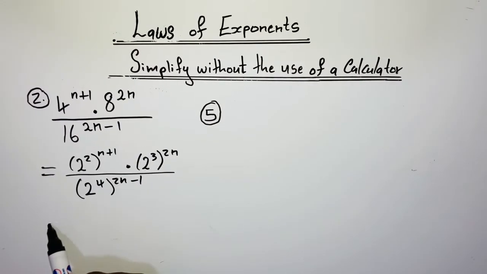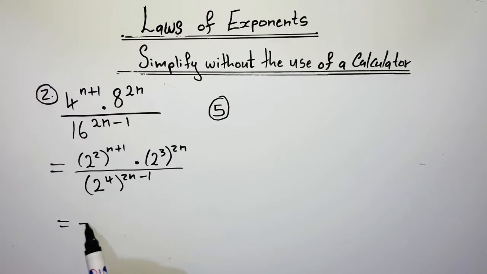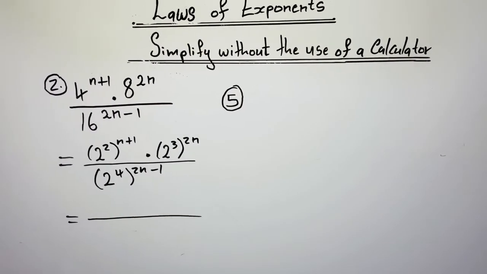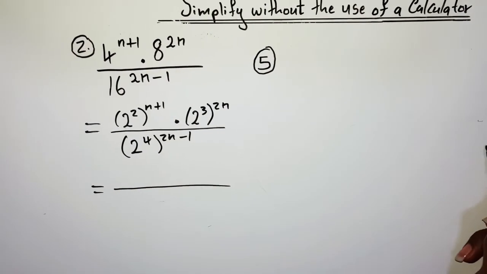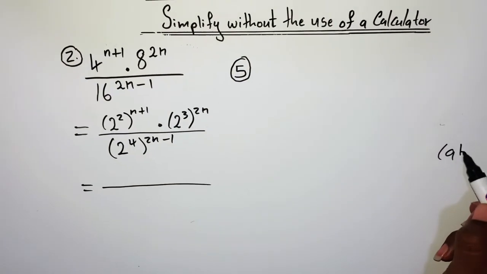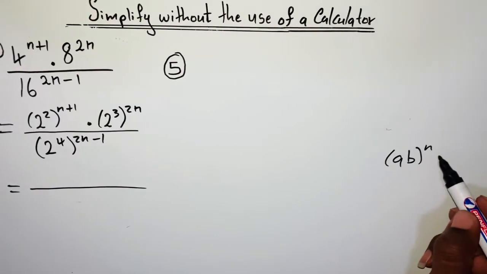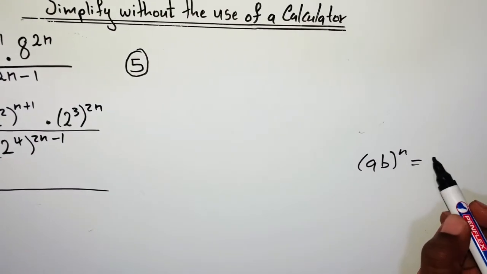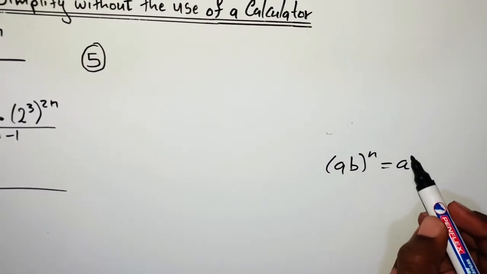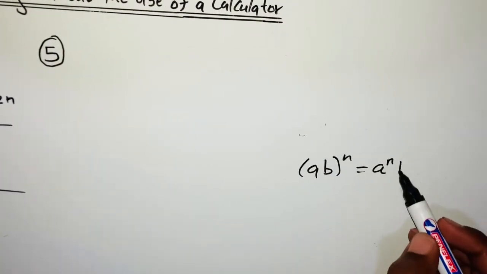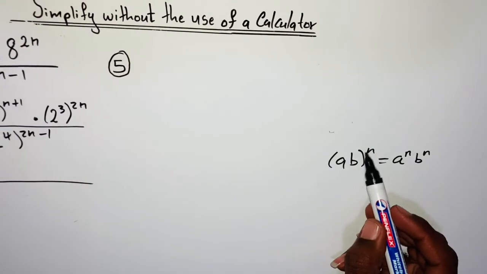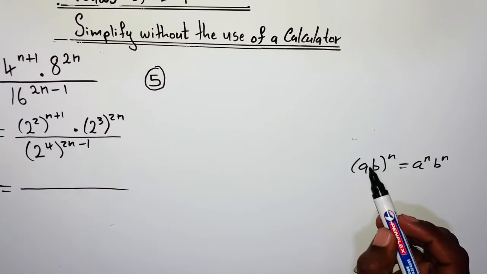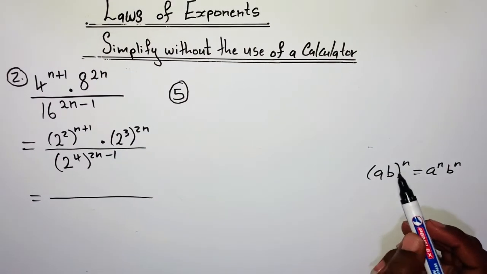Then from here, we'll apply the law: a to the m, all to the n. This exponent outside is to multiply the exponent of a and the exponent of b.